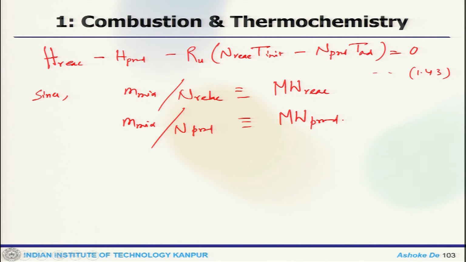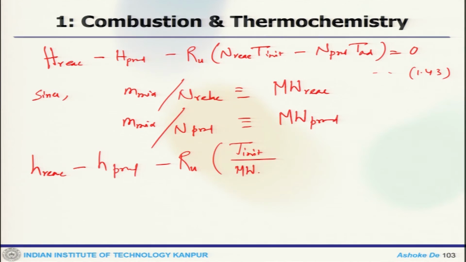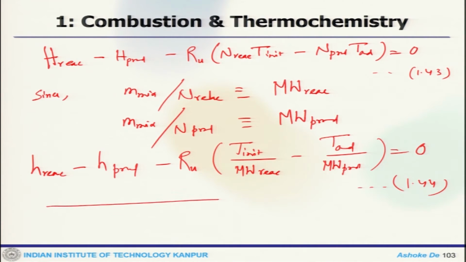So, per unit mass if we write, we get small h reactant minus small h product minus Ru, T init by Mw reactant minus T adiabatic by Mw product, which is 0. So, that is the equation you can get.